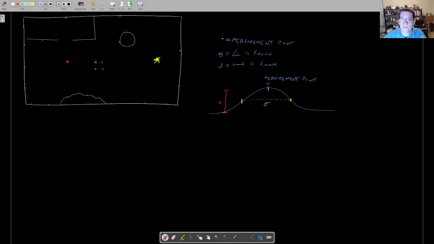Distribution function. So we have the Gaussian distribution. This guy is f of x equals 1 divided by the square root of 2 pi sigma squared, times e to the negative (x minus mu) squared over 2 sigma squared.